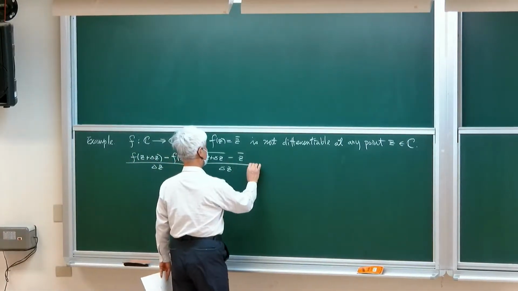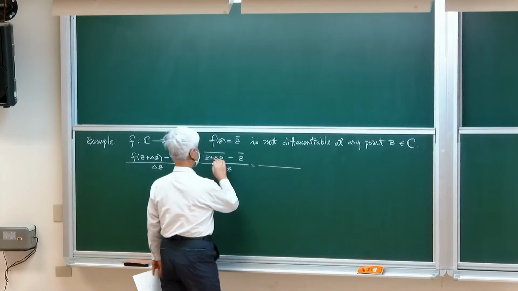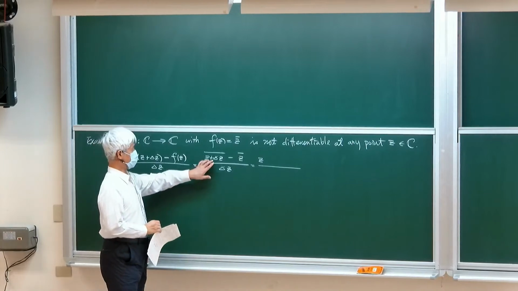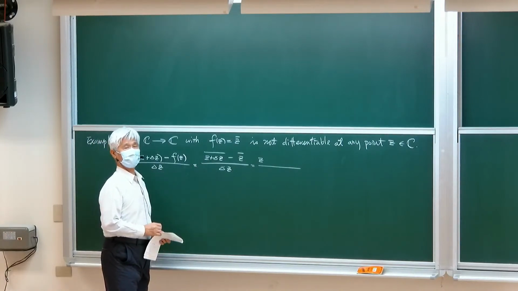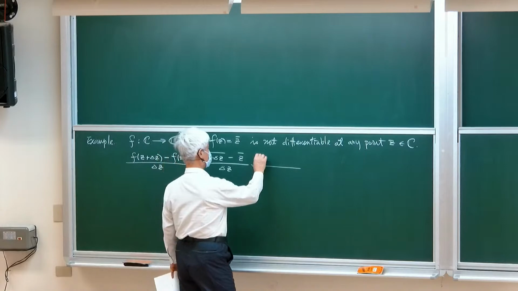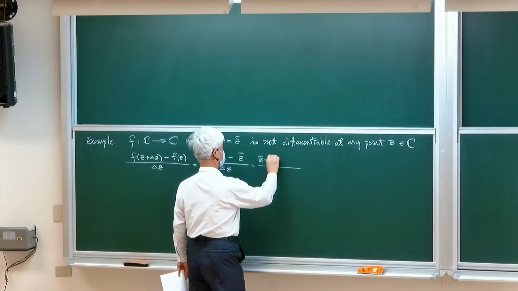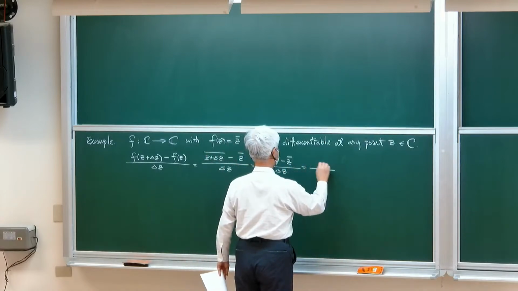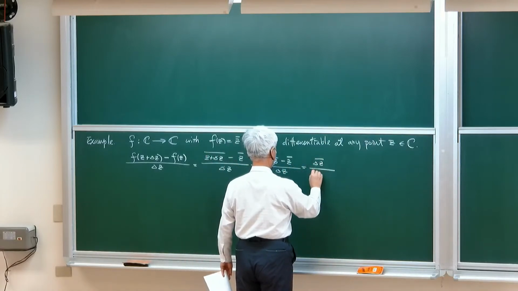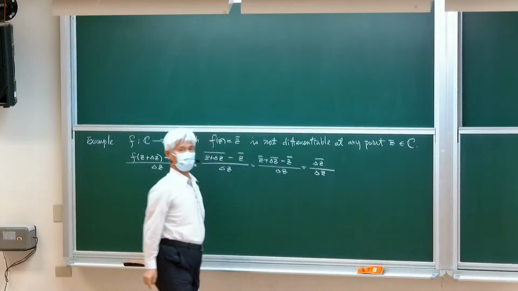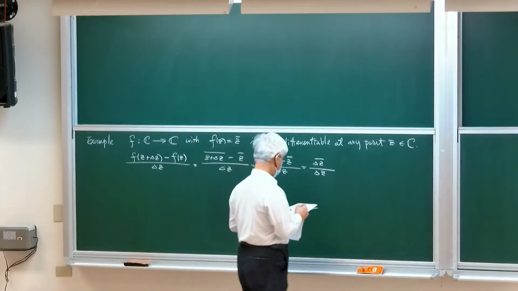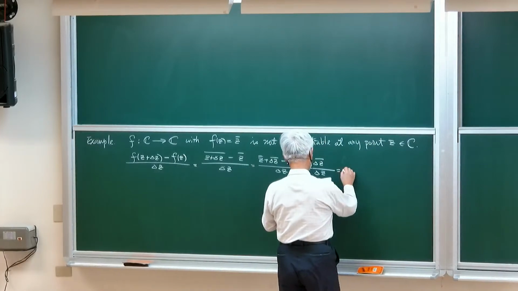And obviously, for the complex conjugate, the complex conjugate of a sum is equal to the sum of the complex conjugates. So this becomes this, for every delta z.